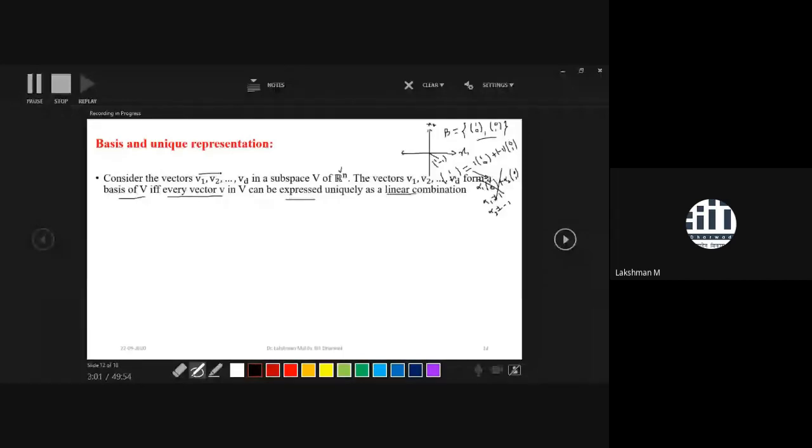So that means if you take a vector v, we get a unique representation of v in terms of v1, v2, up to vd. That means alpha 1, alpha 2, alpha 3, up to alpha d are uniquely determined from v. These are unique.